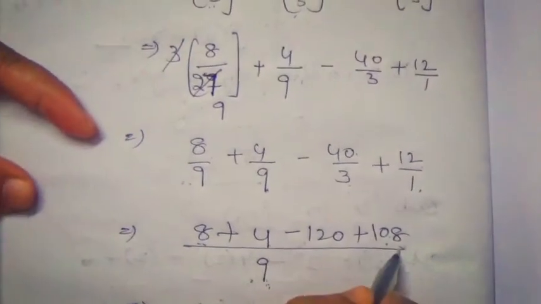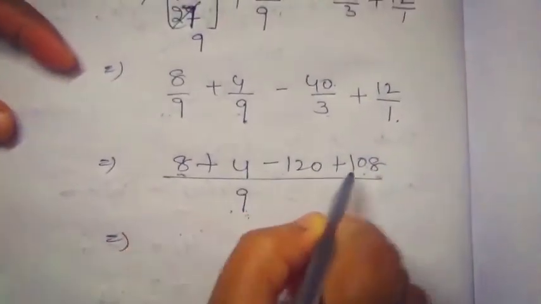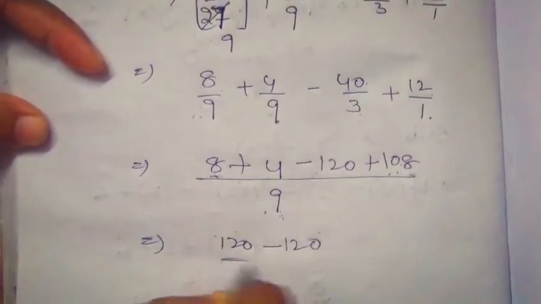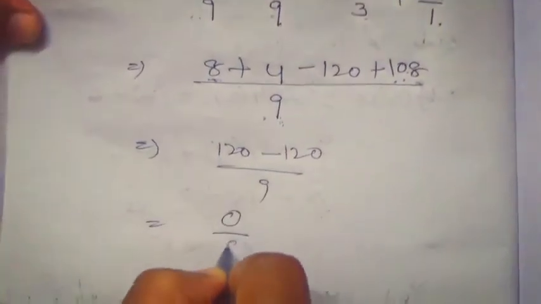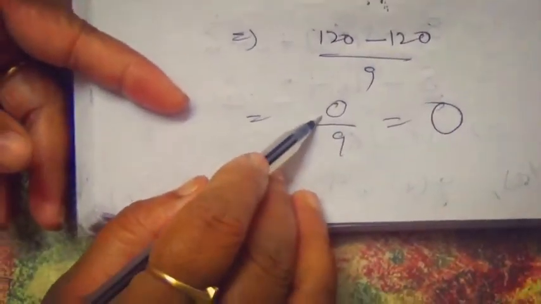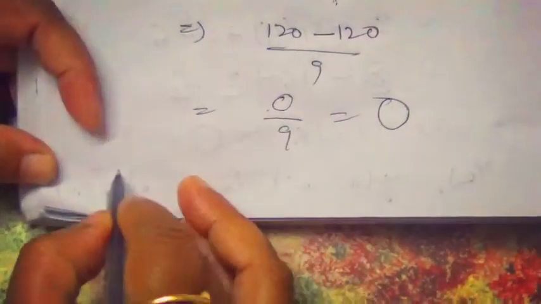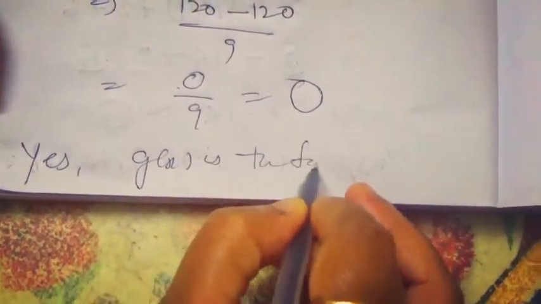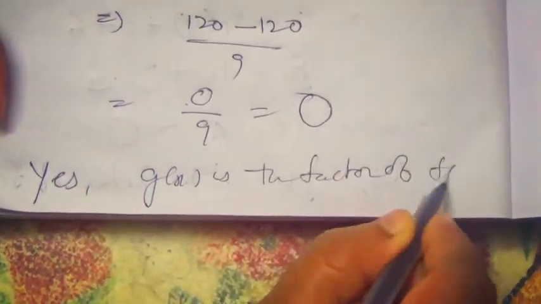These are positive, so addition of these two, 8 plus 4 is 12, 12 plus 108 is 120, 120 minus 120 by 9, that is equal to 0 by 9, that is equal to 0. If in the numerator there is 0, then it becomes 0. Yes, g of x is a factor of f of x.